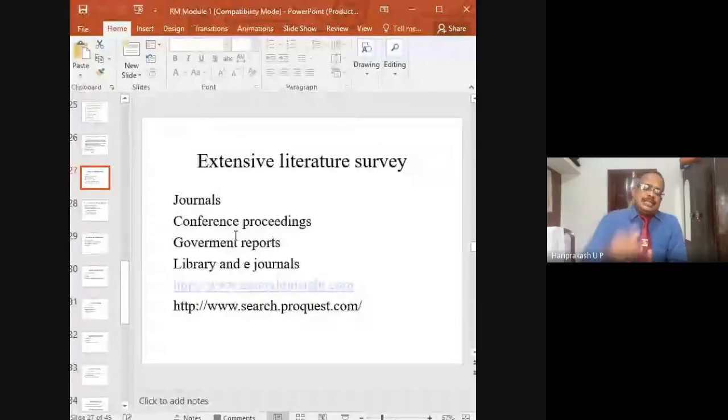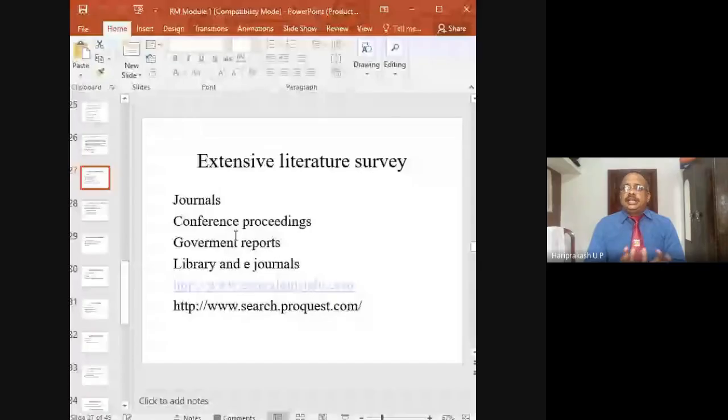Nobody is going to go to such physical libraries. E-libraries and e-journals become the main sources. ProQuest.com, Google Scholar: these are very specific search engines and sources.